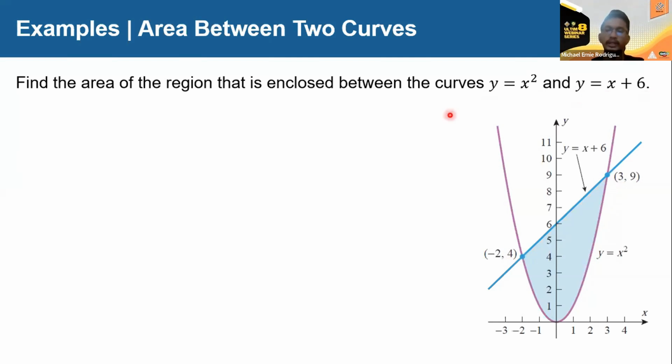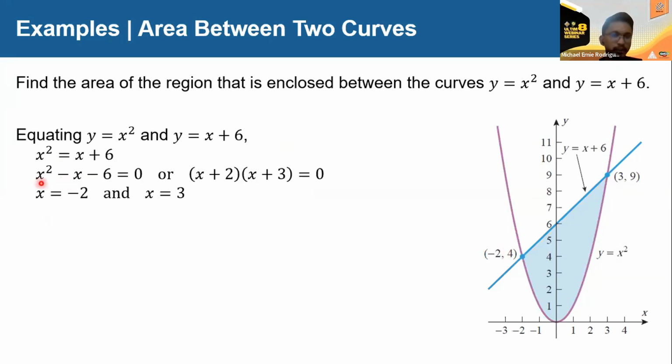So ang gagawin natin, to get the points kung saan mag-intersect itong dalawang curves, is that we equate y is equal to x squared and y is equal to x plus 6. Equate lang natin yan. So we have x squared is equal to x plus 6.